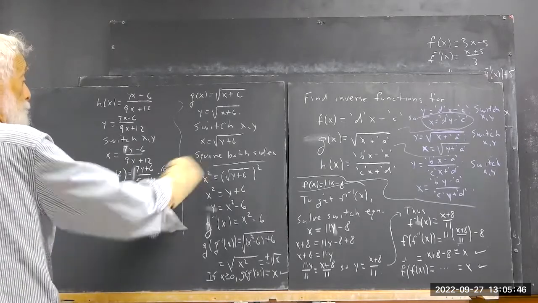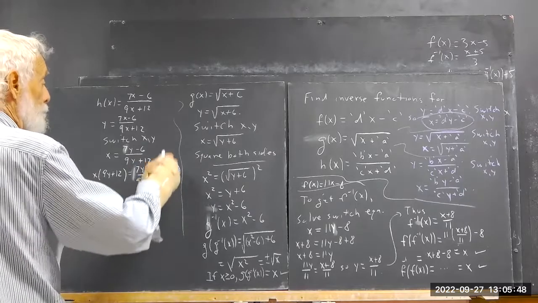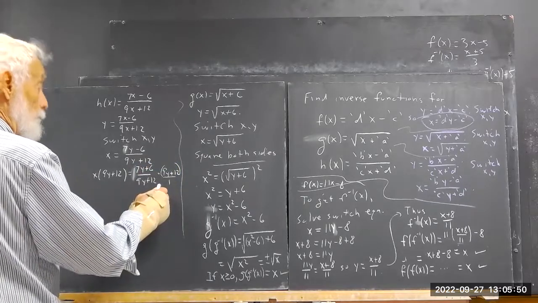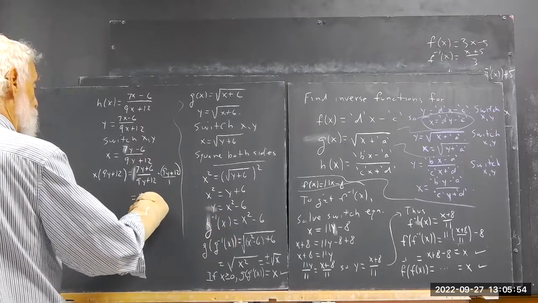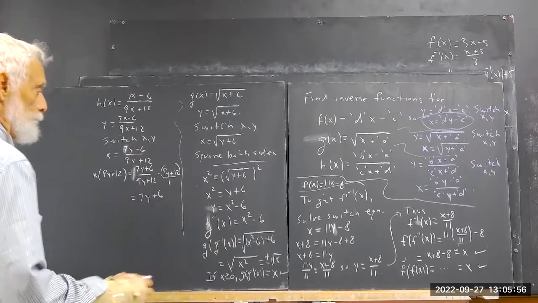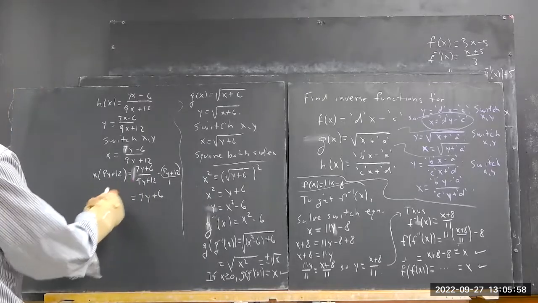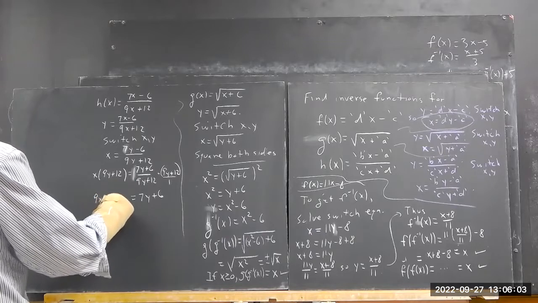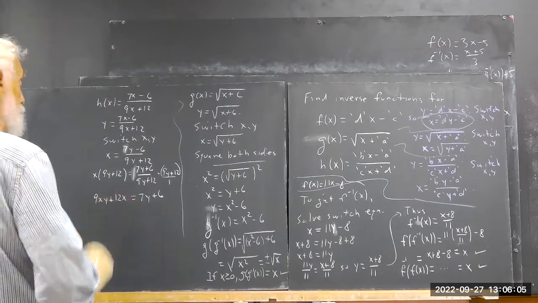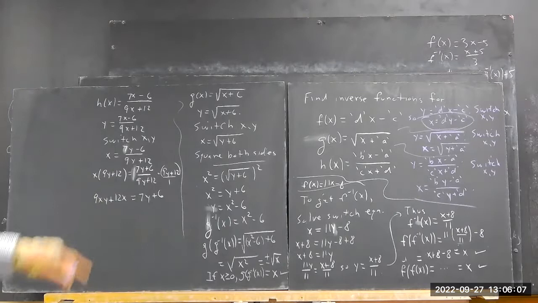Okay, so we do this. I don't cross these out. I just know that I can regroup these, and then I have 9y plus 12 divided by 9y plus 12, which is just 1. We've been over that many times. So I'm just going to write out the 7y plus 6 we get here. We multiply through by the x, we get 9xy plus 12x. Now, some of you didn't multiply the 9y by the x because it didn't look right.